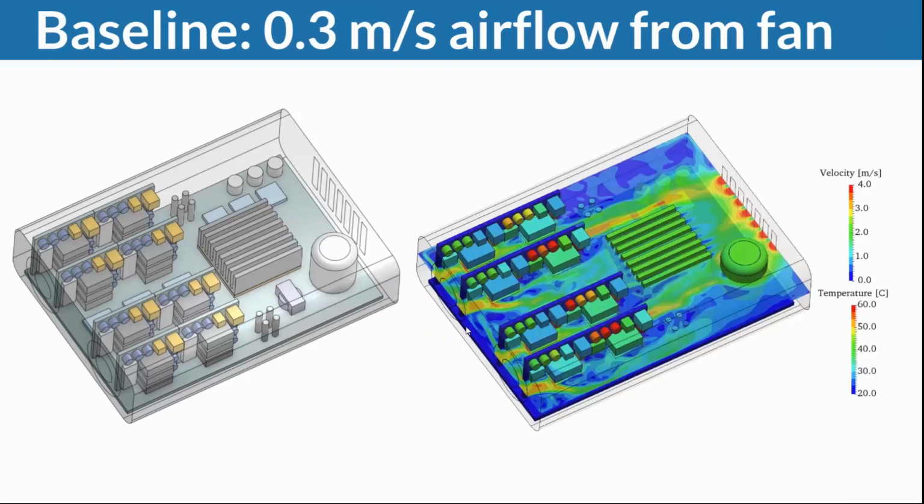All right, enough talk. Let's see something in action. Before we jump into SimScale, we'll run a conjugate heat transfer analysis of this electronics cabinet. What you see right now, transparently colored here, is basically where air is.